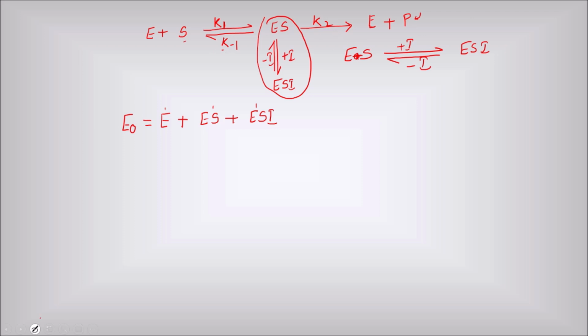Similarly, I will represent here, suppose Ki, the equilibrium constant when the inhibitor is there. Then Ki will be, in terms of the reactants, the enzyme substrate complex plus inhibitor.